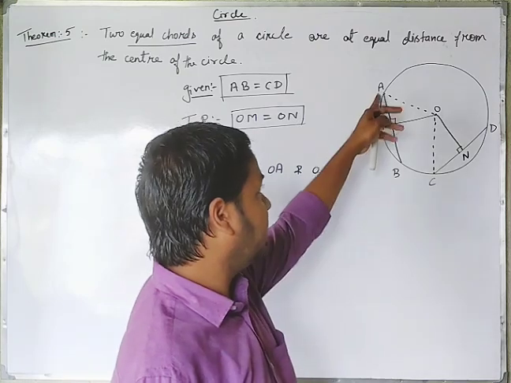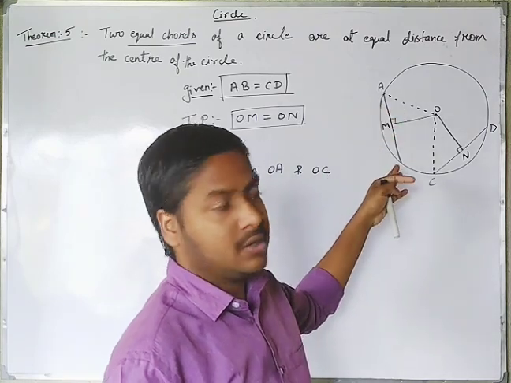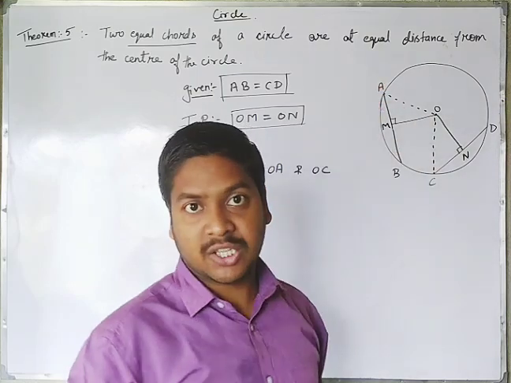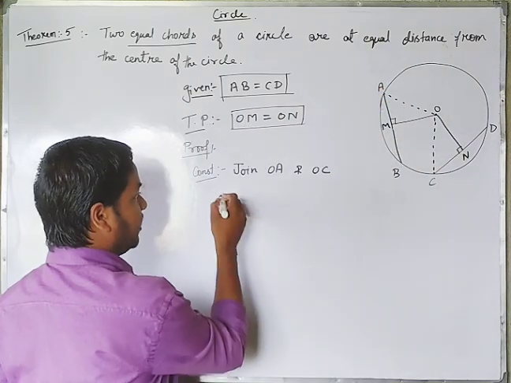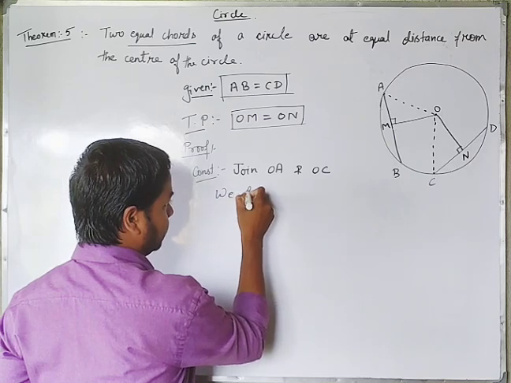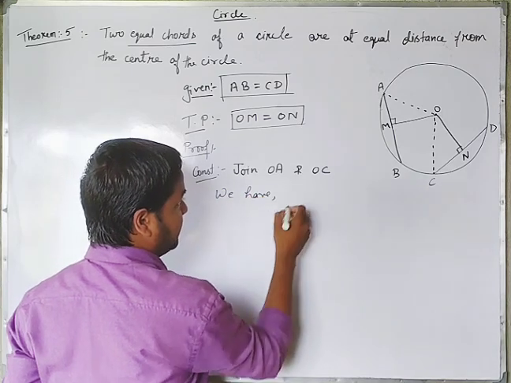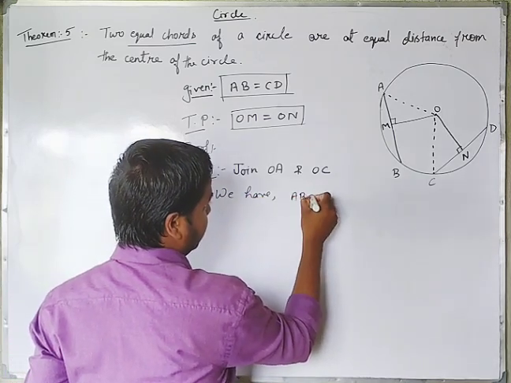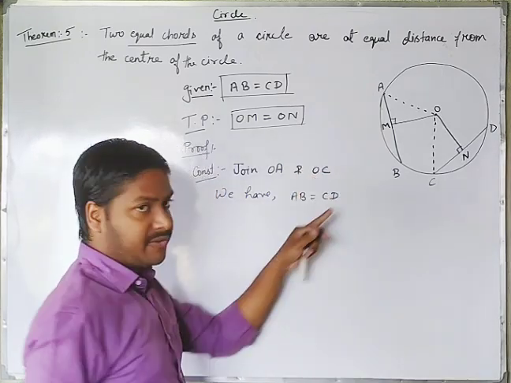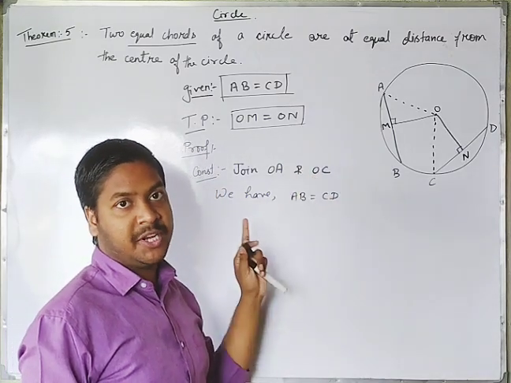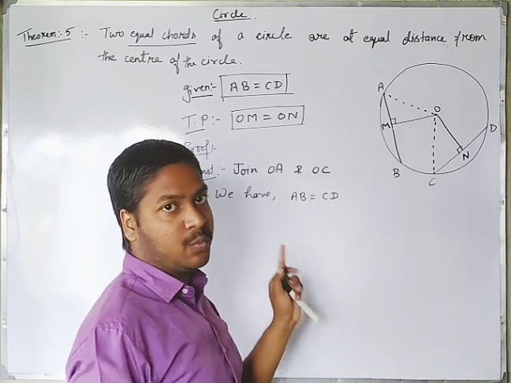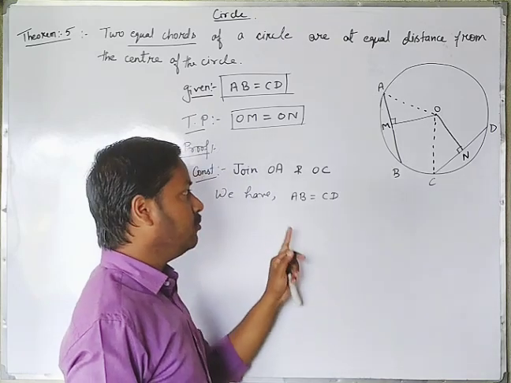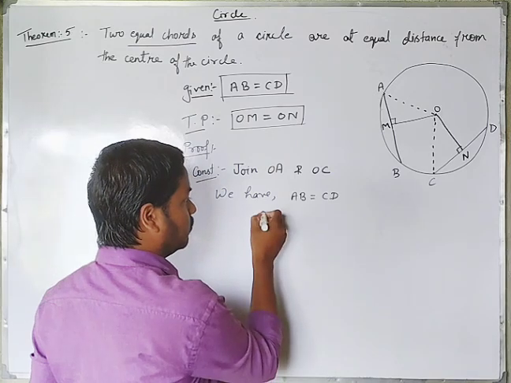It means OM will bisect the chord. Then we will write here, we have AB is equal to CD. It is given. So in maths we can do any operation on both sides. We will divide both sides by 2.